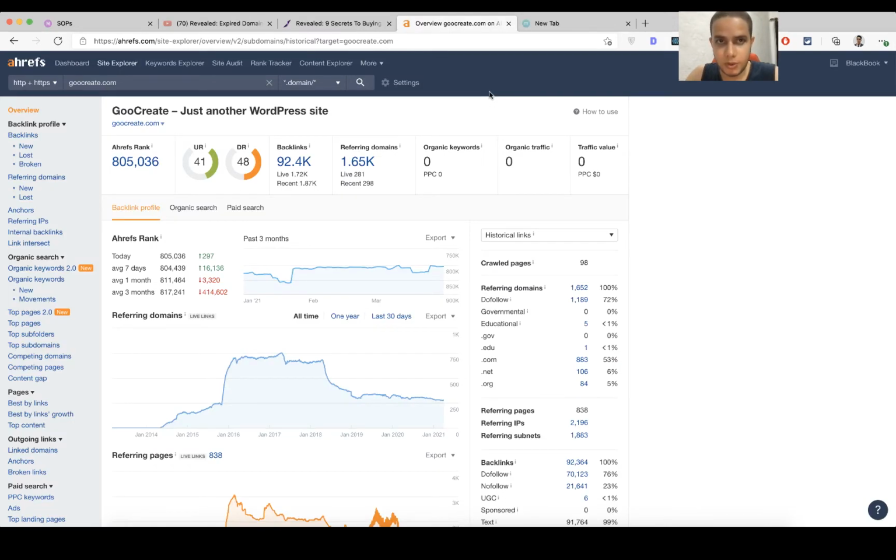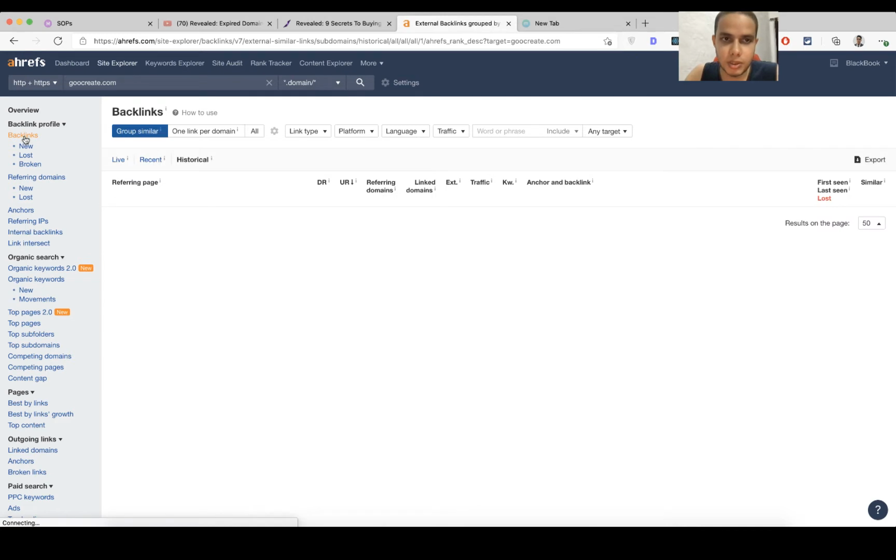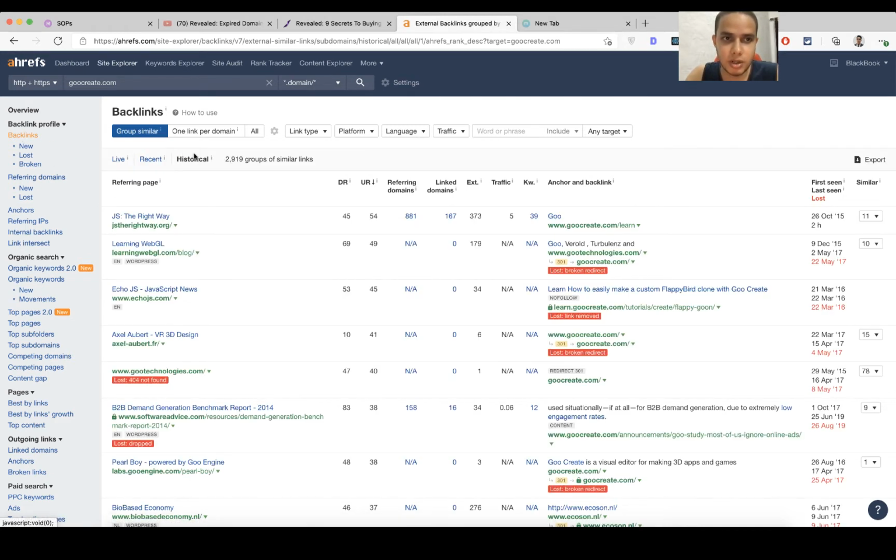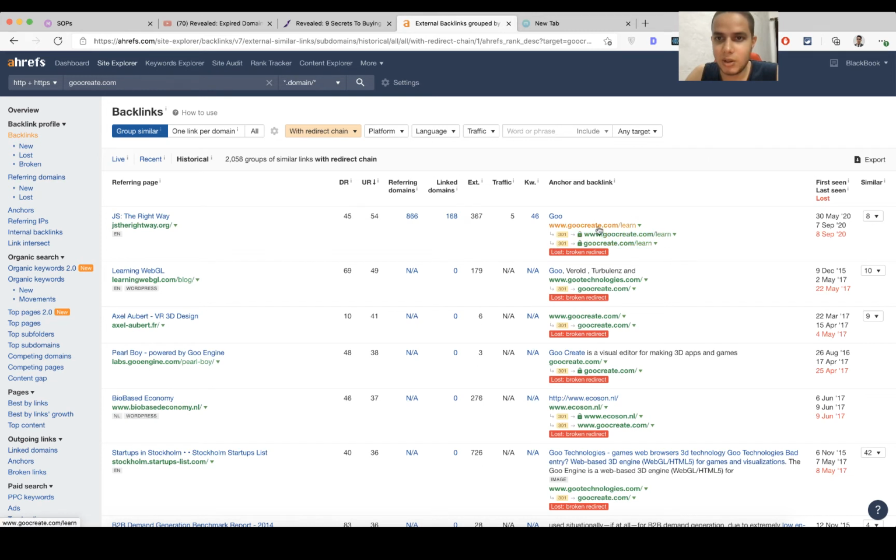Okay, so how do you really check if something was redirected to the domain or not? For that, we'll go to backlinks, and in the backlinks, we'll make sure that we have selected the historical index, and then in the link type, we'll go and see if there is a redirect chain or not. When we select that, we'll see all the redirect chains.